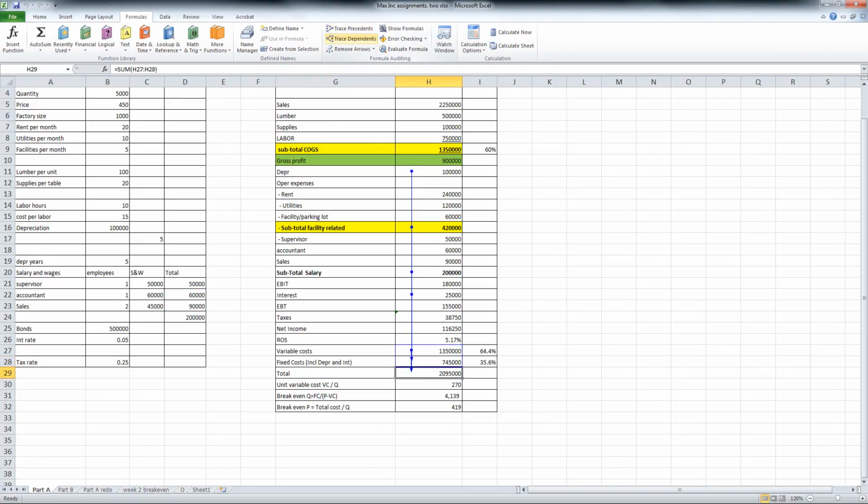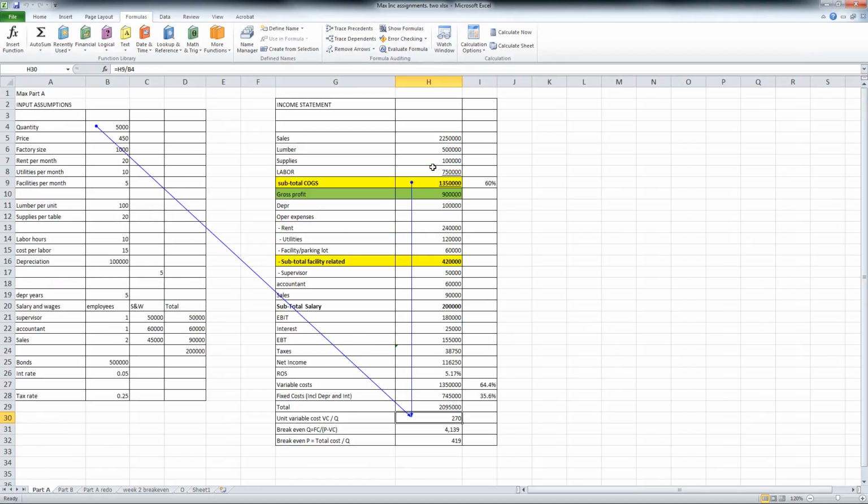Okay. In order to calculate the break even, we need to know the variable cost per piece. So we basically take our total variable cost, which is cost of goods sold, and divide it by the quantity, and we get the variable unit cost.